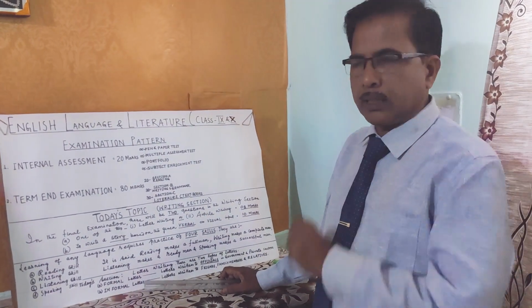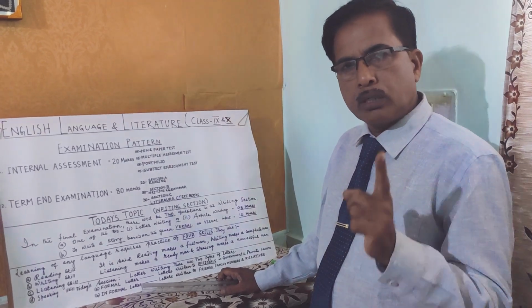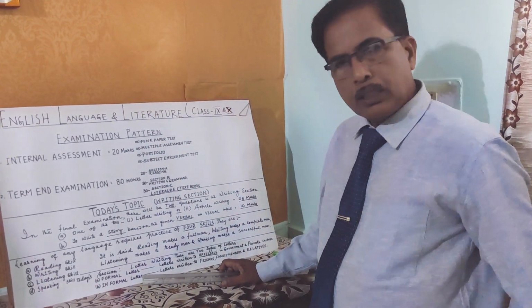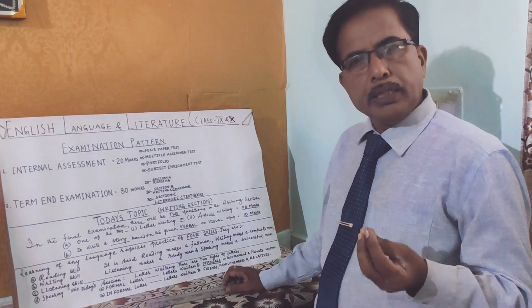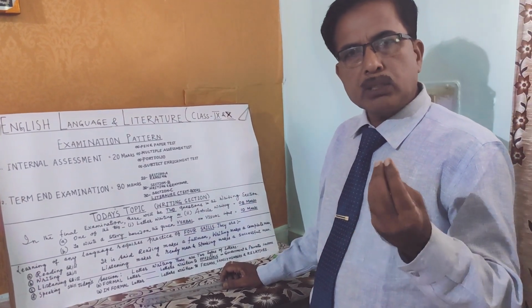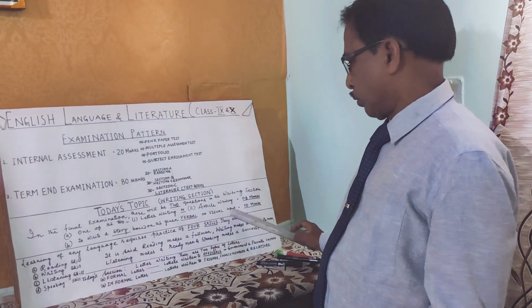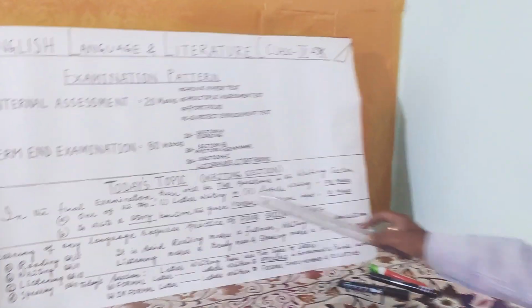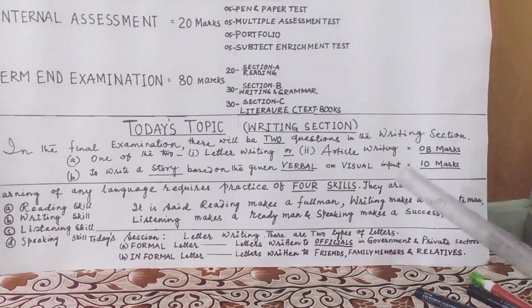It is of 8 marks and the word limit will be 100 to 120 words. Now the second question in writing section, we will develop a story based on the given verbal or visual input. You can see here the full mark of the second question is 10 marks.